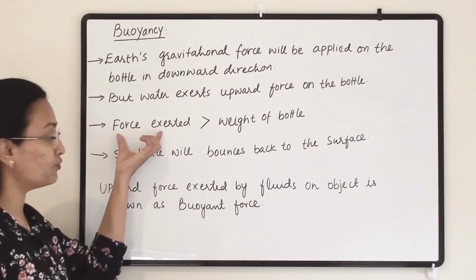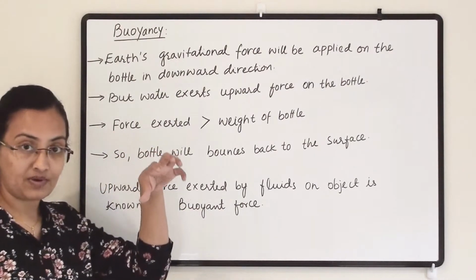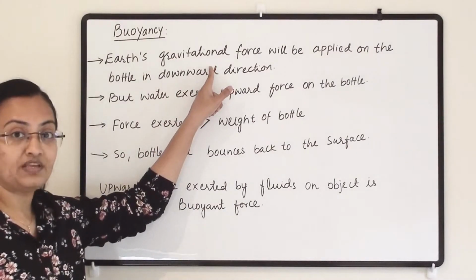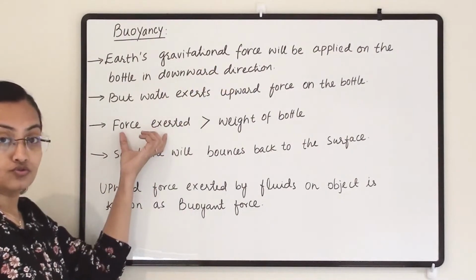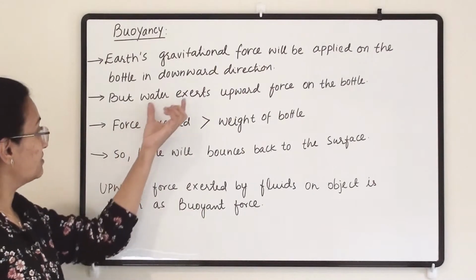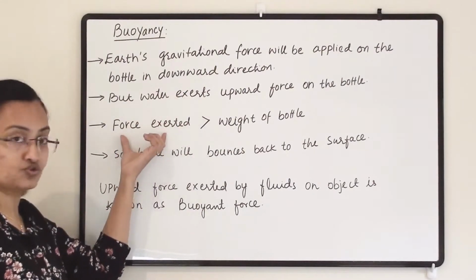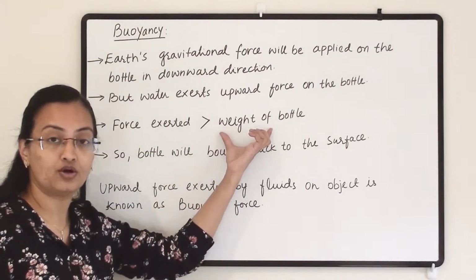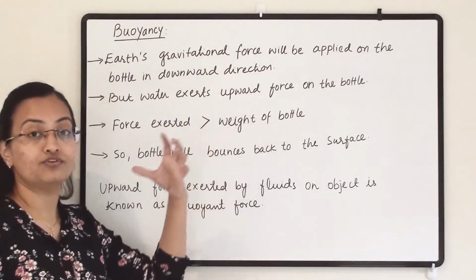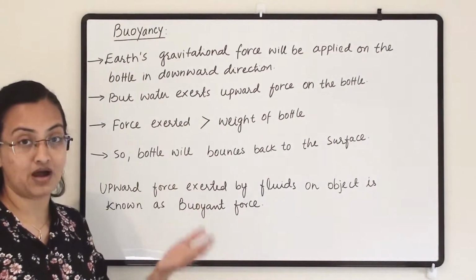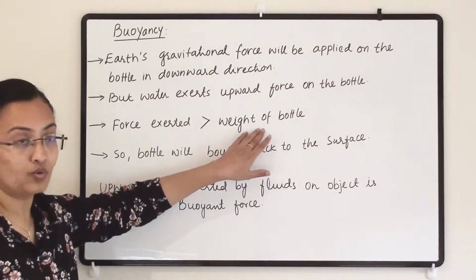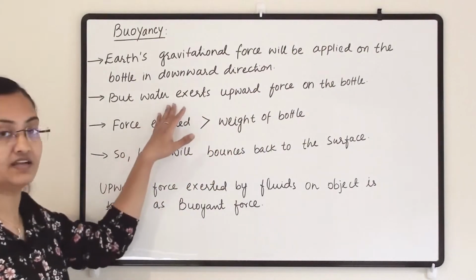So the water exerts a force on the bottle that is greater than the weight of the bottle. The weight of the bottle is the product of mass and the gravitational force, so that will be lower compared to the force exerted by the water.